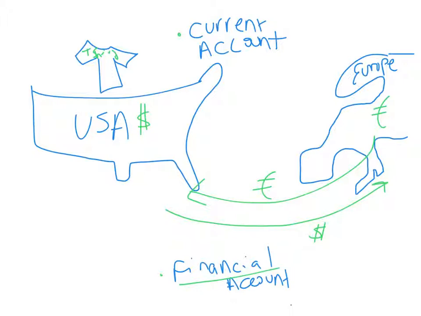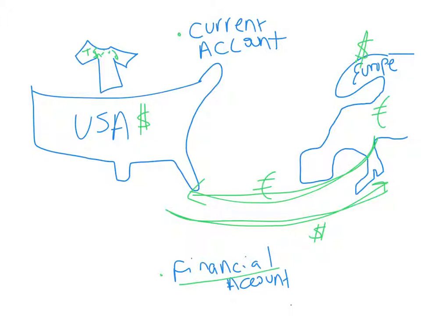We'll talk about these Forex markets later, but just the idea of transacting, that the Europeans are going to be buying dollars, they're demanding dollars and supplying their euros in order to get those dollars. So they sell/supply their euros and they buy US dollars, and so now the Europeans have those dollars that they're going to need to buy the shirt with.